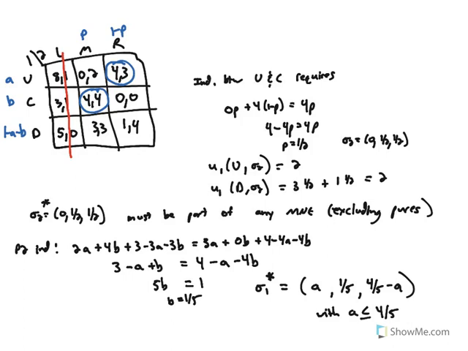D is only a best response when player 2 plays exactly 1/2, but it's an important one because that is in fact the only thing that player 2 is going to do in a mixed strategy equilibrium. Okay, so anyway, D is a best response, but it's only a best response to one very particular thing. But it turns out that very particular thing is part of an equilibrium profile. Okay, so that kind of makes this interesting.